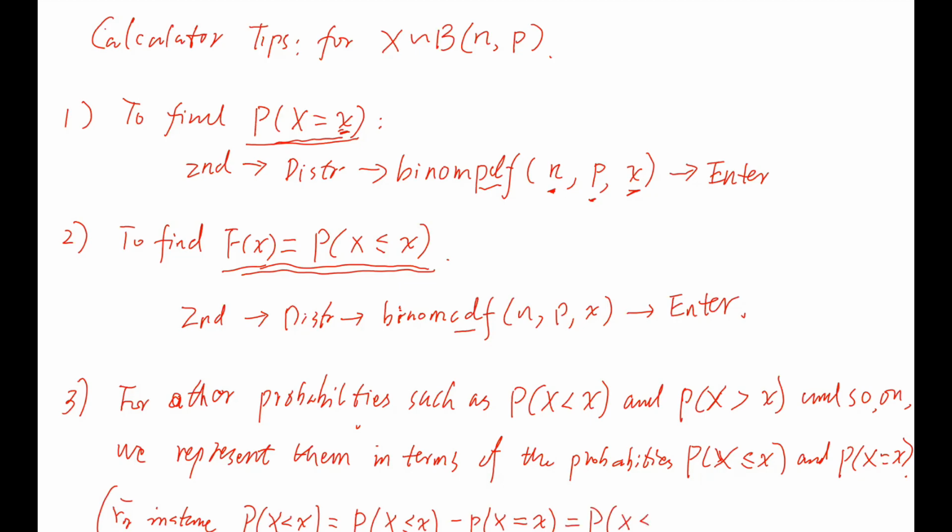Strictly less than x is less or equal than x minus X equals x. This is true. We can use a calculator to find this one and a calculator to find this one and do the minus sign.